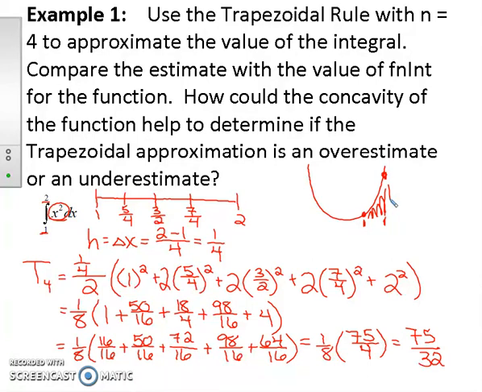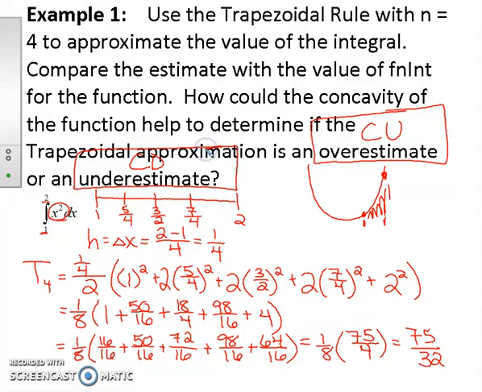I ended up with an overestimate, so if they're pointing us towards concavity, that would lead me to believe that when that portion of our graph is concave up, we're going to get an overestimate using the trapezoidal rule. So most likely, when our portion of the graph is concave down, the trapezoidal rule is going to give us an underestimate of the exact area under the curve.